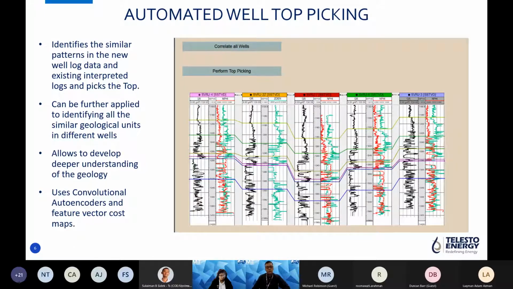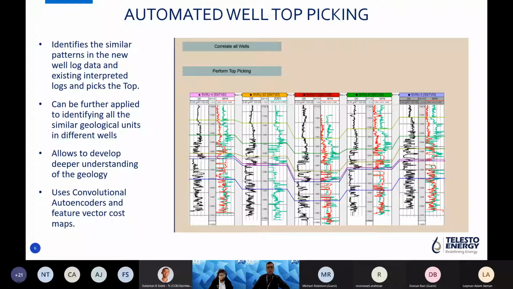If you look at this screen, what you see is a well correlation section. In a well correlation section, you will see different wells with the logs displayed. In this case, we have used gamma ray and neutron intensity, and you can see the peaks. You can see the different colored lines going from left to right of the cross section.